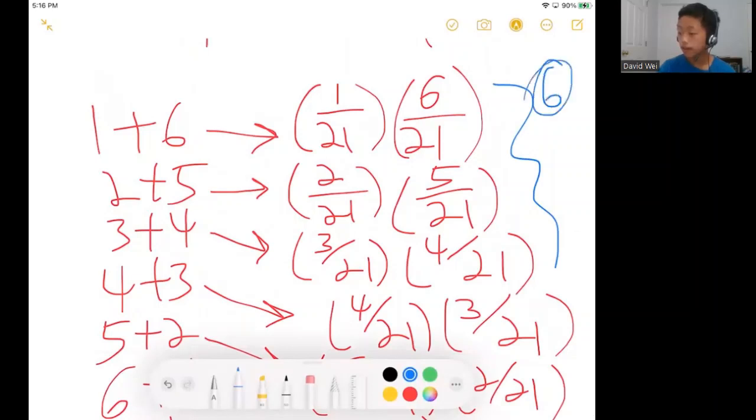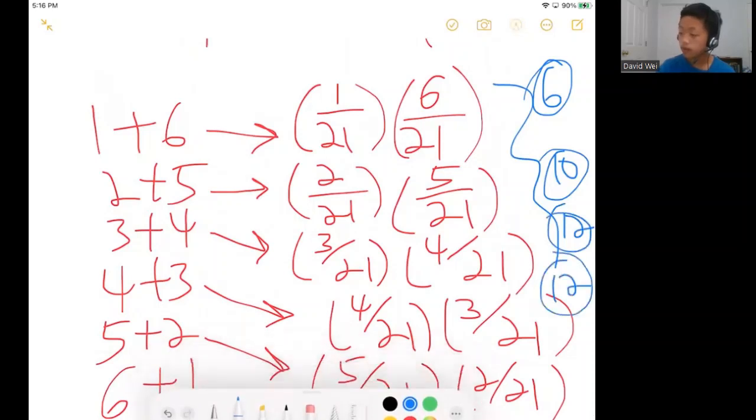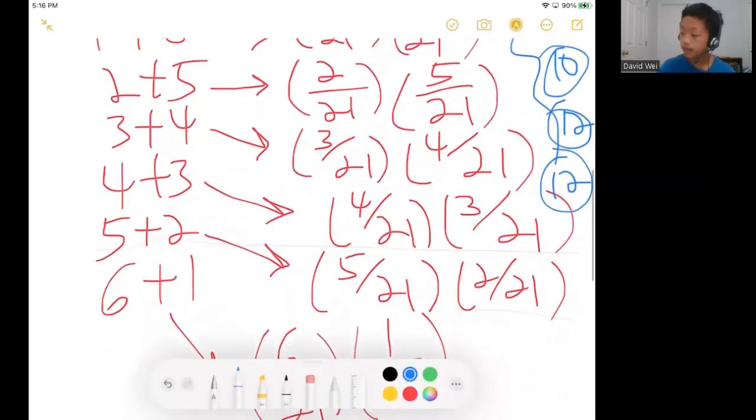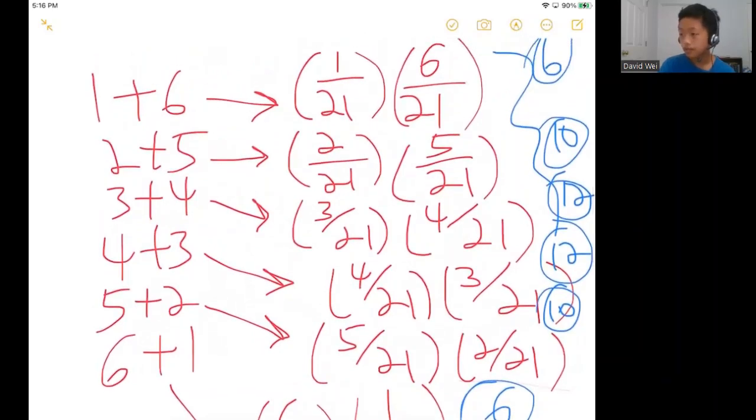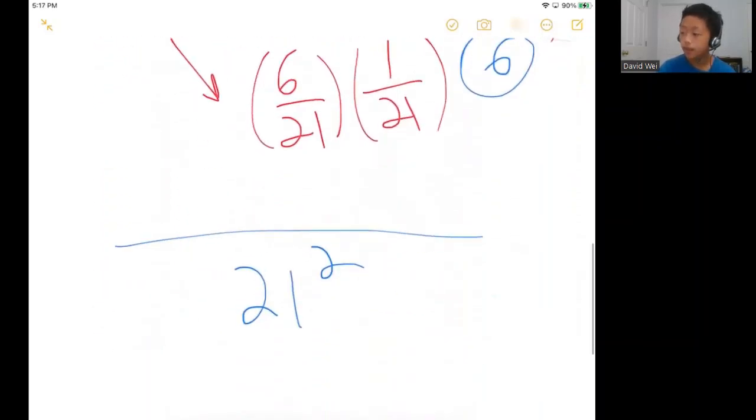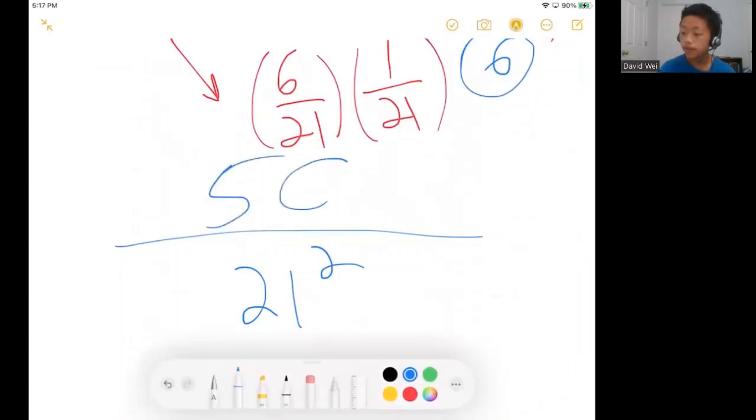And then here you have 2 times 5 is 10, 3 times 4 is 12, 4 times 3 is 12, 5 times 2 is 10, and then 6 times 1 is 6. If we add these up, we get 56.